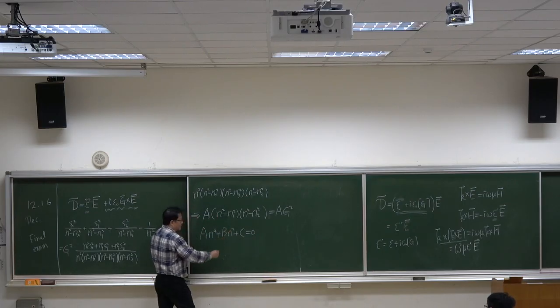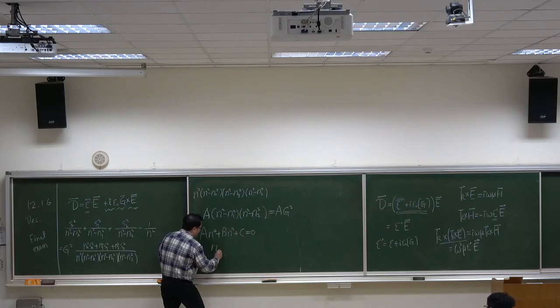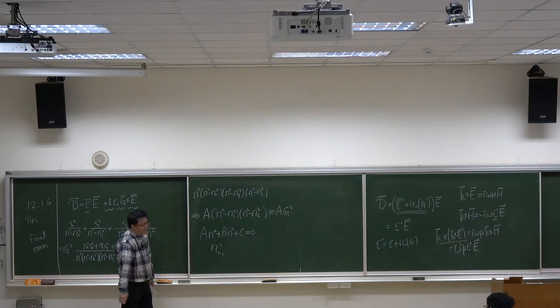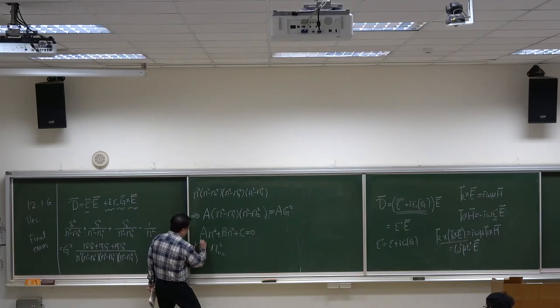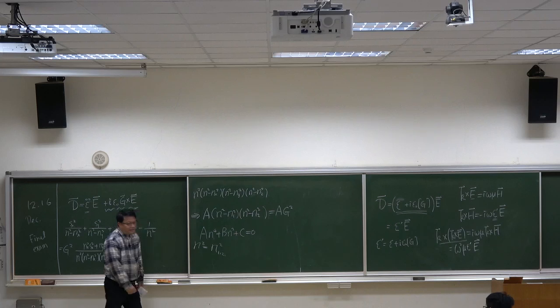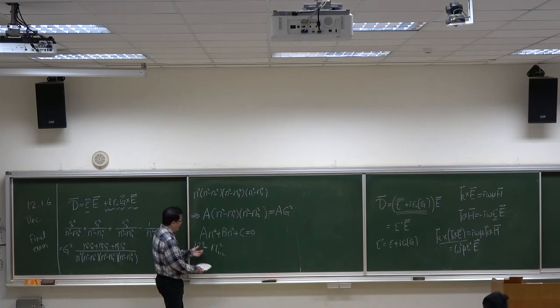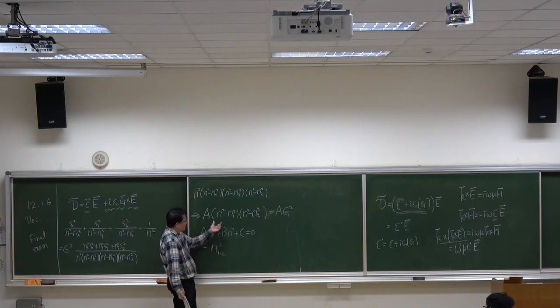And we solve this to get two possible solutions: the first one is n1 squared, and the second one n2 squared. This just expresses how we factorize this equation.